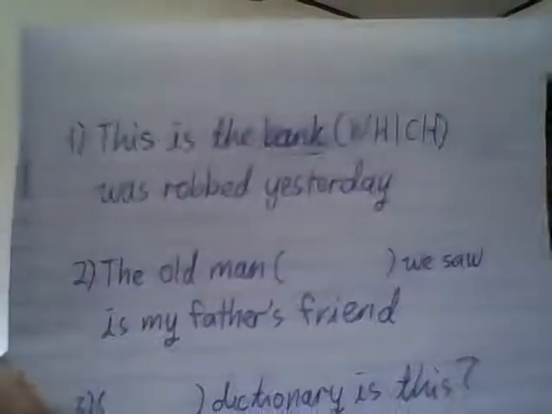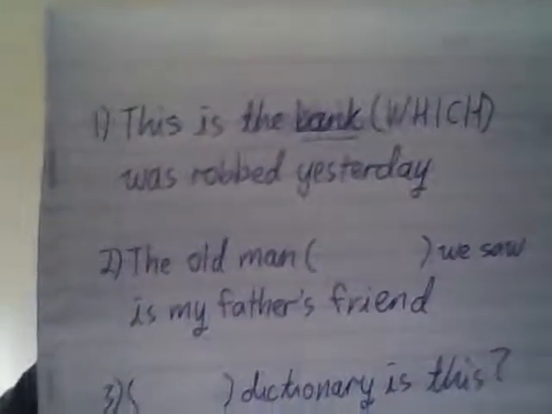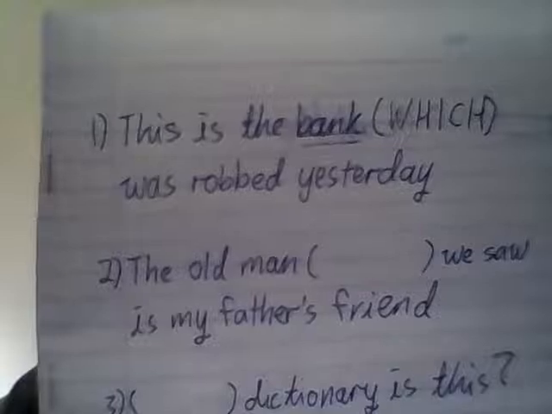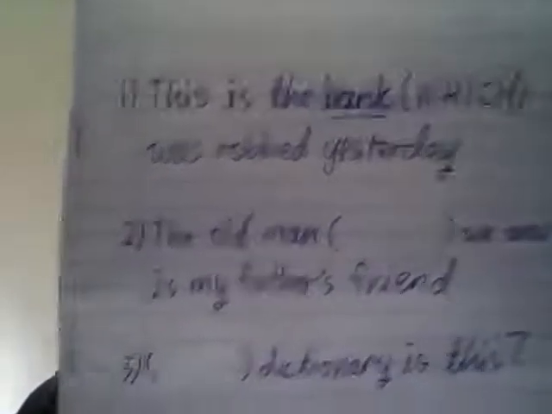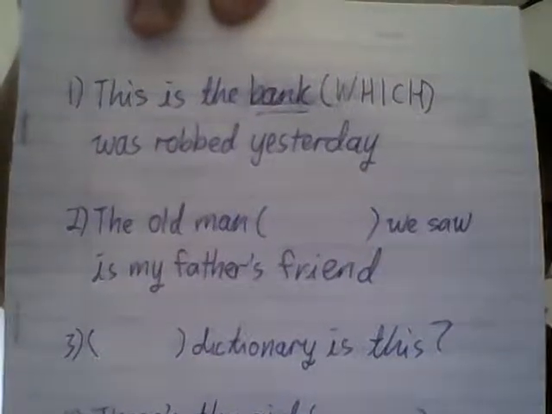Okay. Now let's look at the next one. The old man we saw is my father's friend. Okay, this is a person. But is he doing anything? No. The person is not doing anything, but something happened to him.